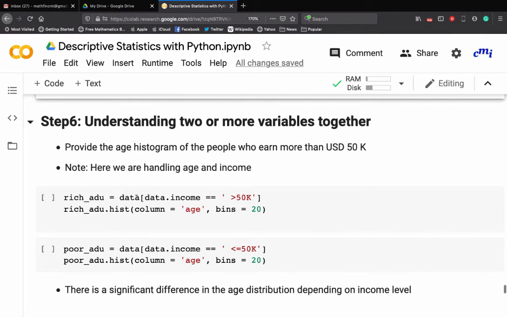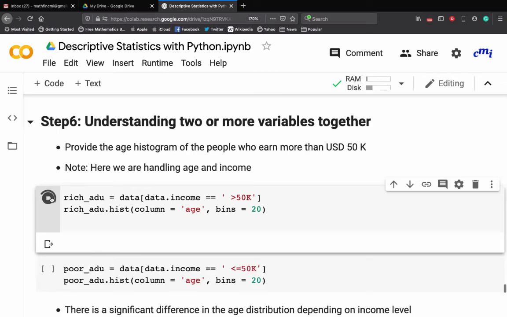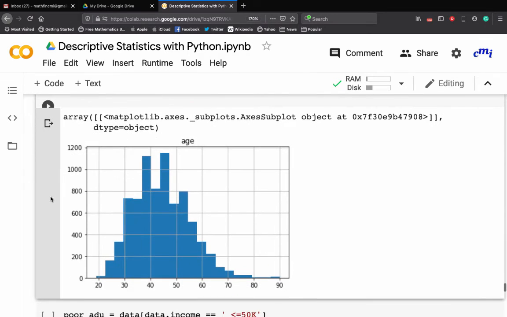So what I have done is I have created a smaller data set with rich adults. I named it rich_adult, where the data has income only for the people who earn more than 50k, and then I asked Python to draw a histogram for this subset, and this histogram is a bit bell shaped.